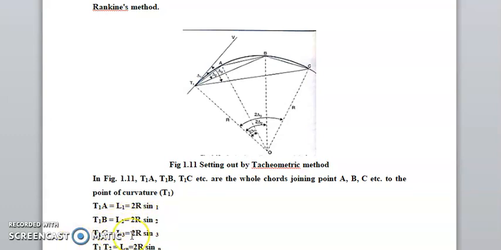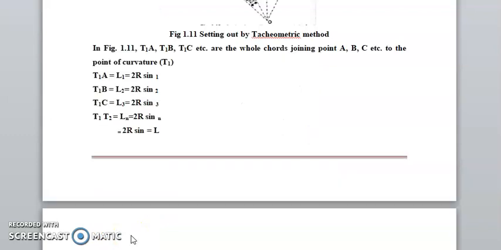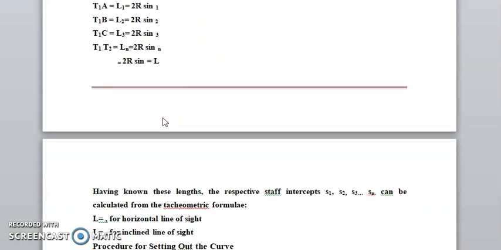T1C is equal to L3, equal to 2R sin δ3. And T1T2 is equal to Ln, equal to 2R sin δn.